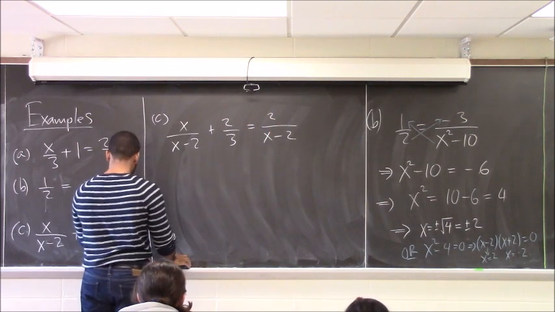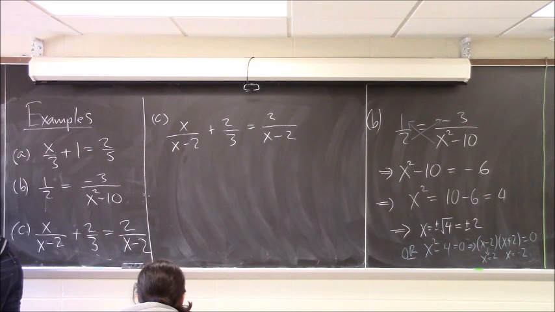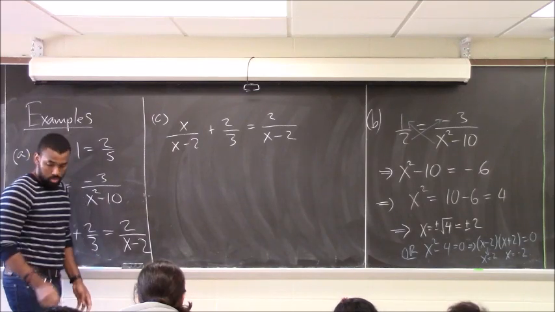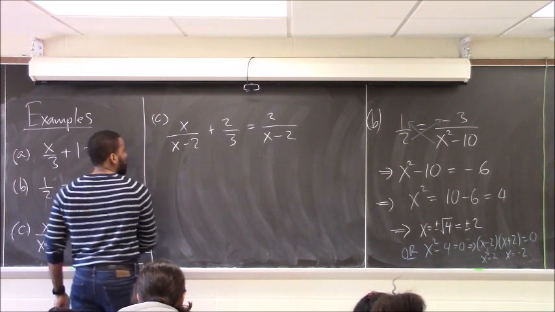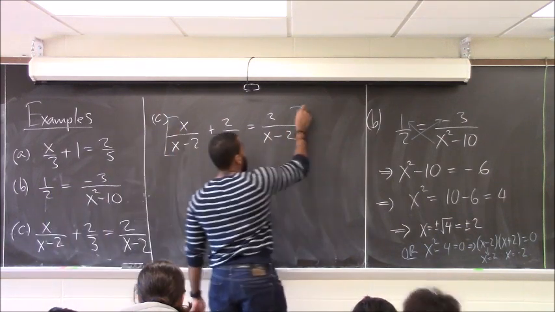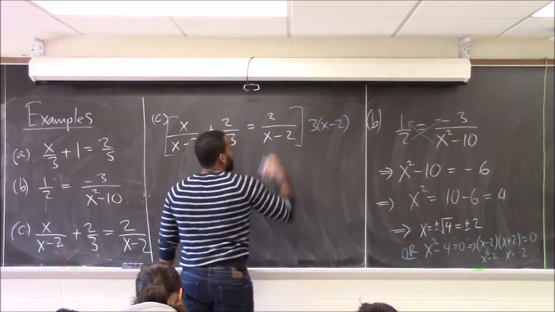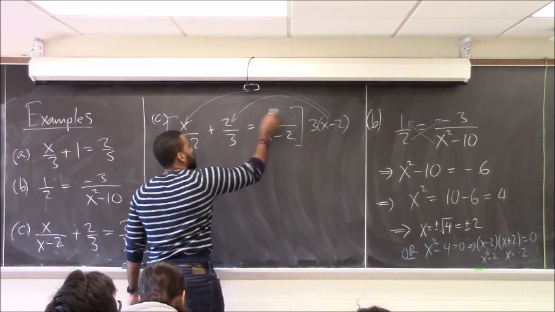What do we do here? Going to multiply everything by 3 times x minus 2. So come over here, going to distribute.